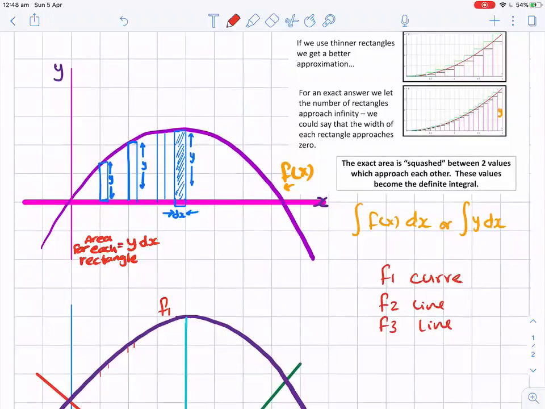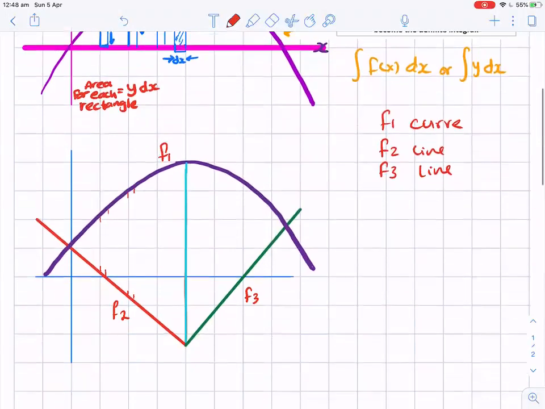When we do the integration, it's like adding up the areas of all these rectangles, and we get the area under the curve. Here it's the same idea. If we draw very thin rectangles between the curve F1 and F2 here.